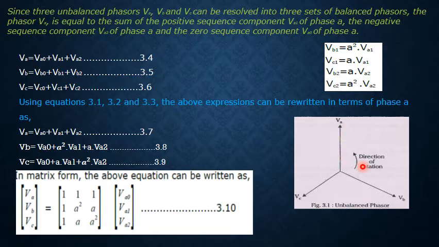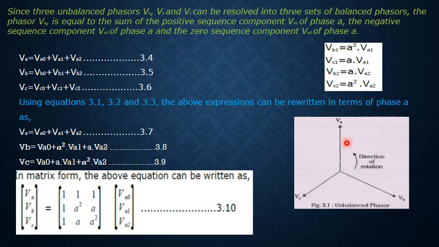It consists of VA, VB and VC, the three unbalanced phasors. These three unbalanced phasors can be resolved into what?